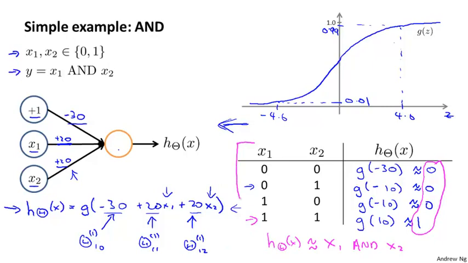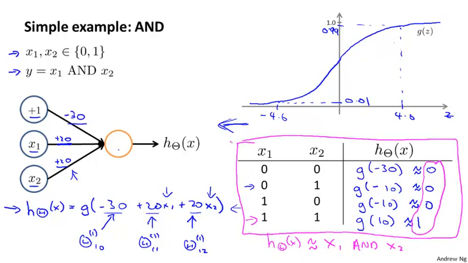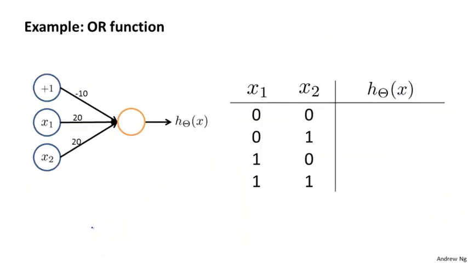So by writing out our little truth table like this, we managed to figure out the logical function that our little neural network computes. This network shown here computes the OR function.